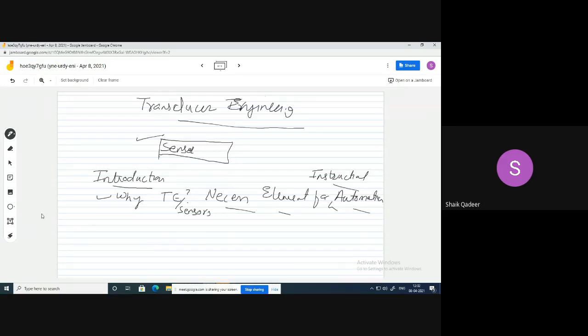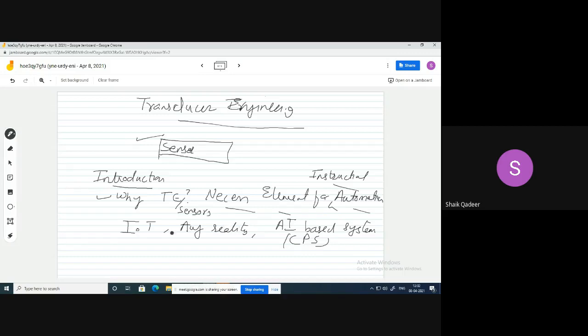Now let us move a step further and look into the latest emerging technologies: IoT, augmented reality, and AI based systems, which are called CPS.